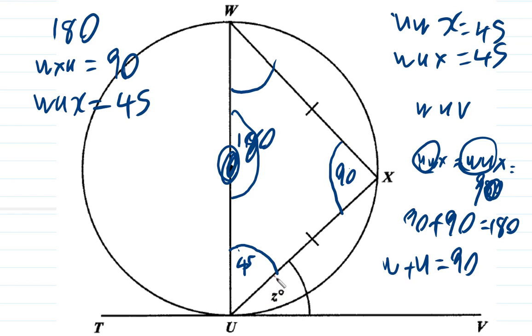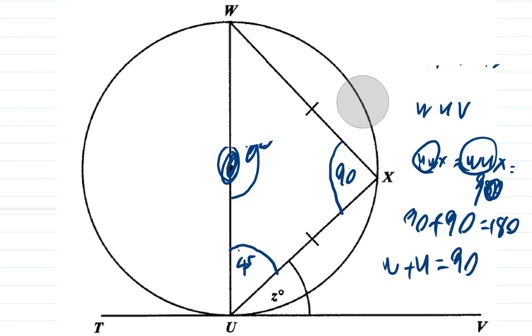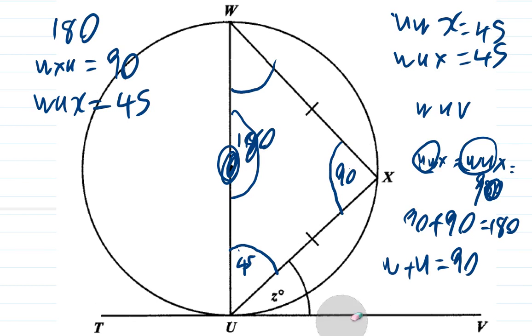So you will put your reasoning together to make three reasons that come together and explain why Z must be 45.